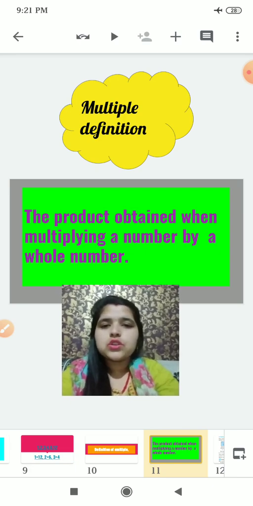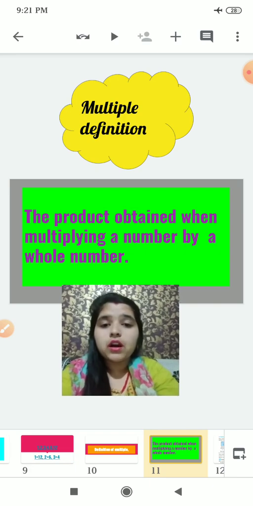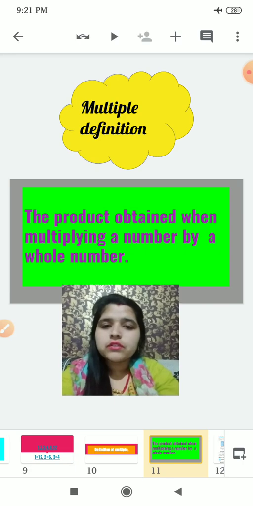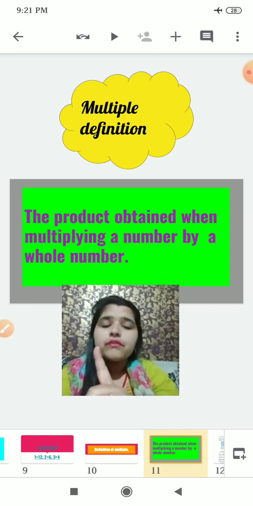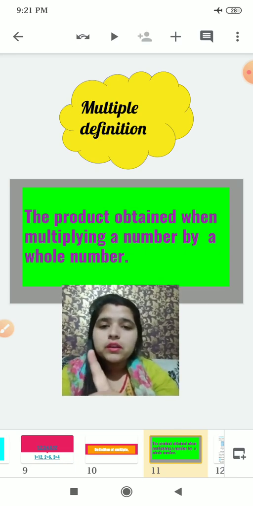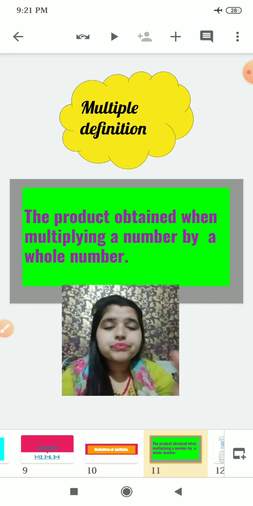The product obtained when multiplying a number by a whole number. It means the product which is formed when we multiply a number by a whole number. That means when we multiply any number, that number by the product we are forming. How?